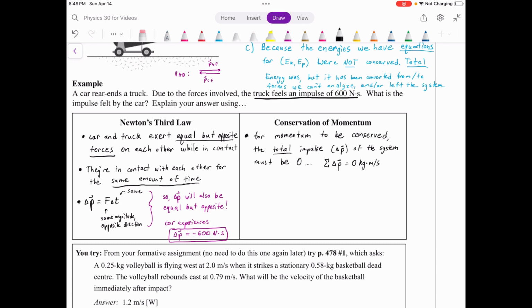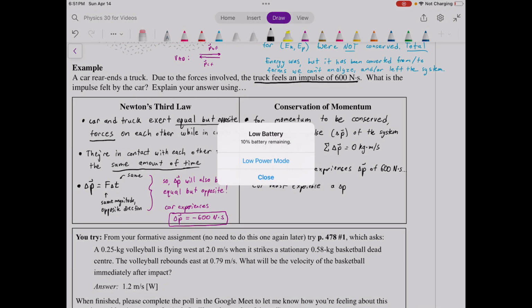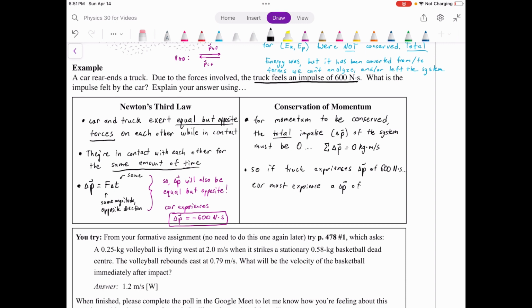Overall, the total momentum in the system has to change by an amount of 0, otherwise it changed and wasn't conserved. So if the truck experiences a change in momentum of positive 600 newton seconds, the other object in our system, in this interaction here, the car, must experience a change in momentum of negative 600 newton seconds, so that they cancel each other out and the total change in momentum is back to 0.